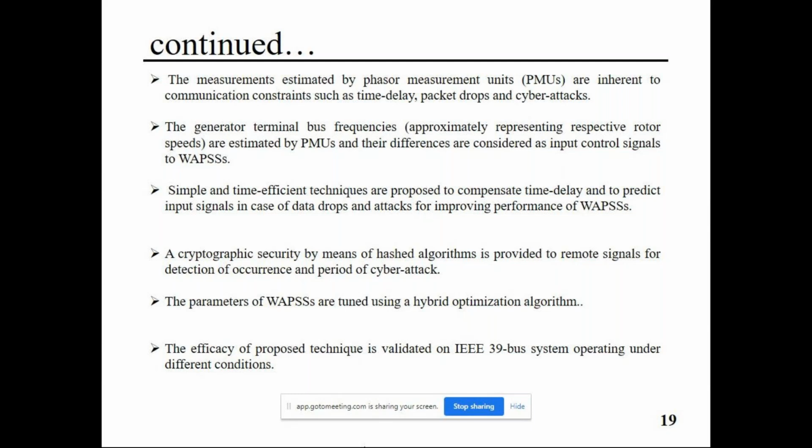Suppose you have a lot of PMUs deployed, going to the PDC. Correspondingly, this cryptography, this message security, in analogy to your objective function being formulated, also plays a crucial role.